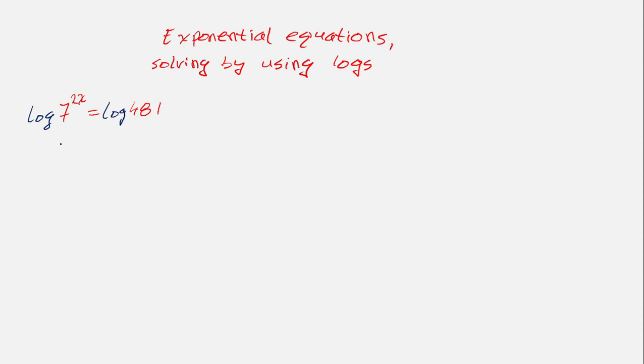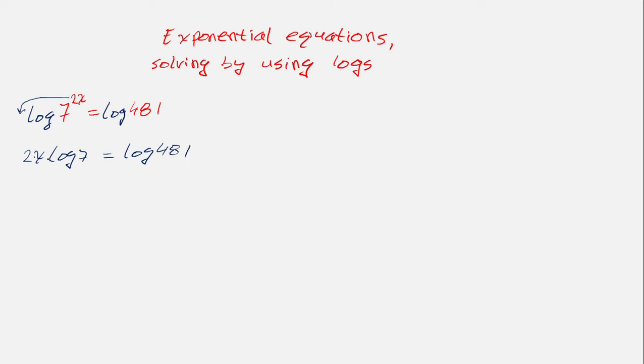It's a common log. So once we log both sides, what logs actually enable us to do is bring the exponents down, right? So this becomes 2x log of 7 equal to log of 481.